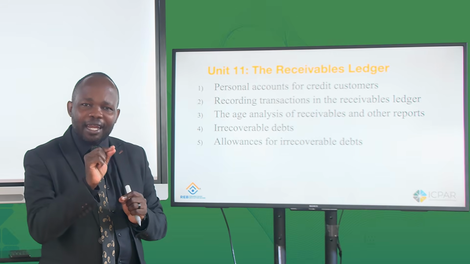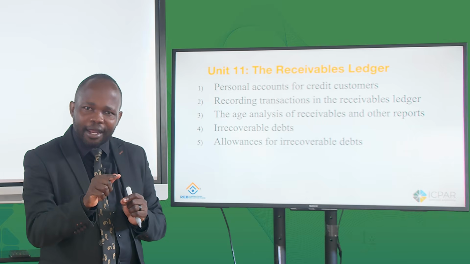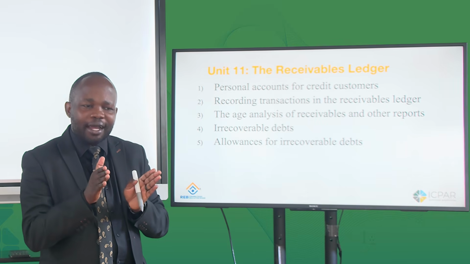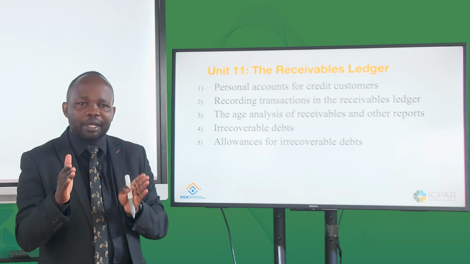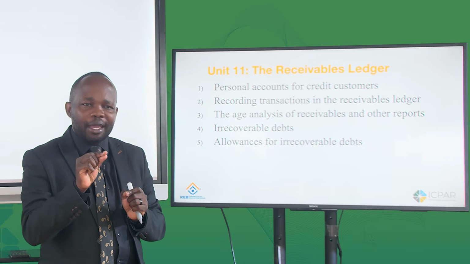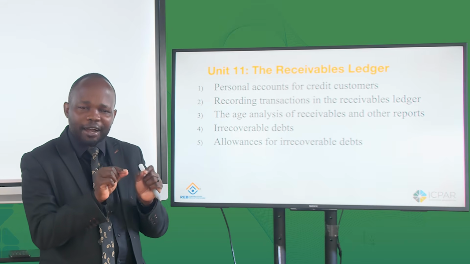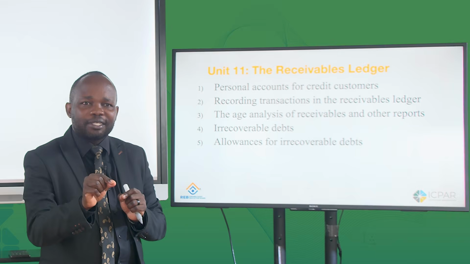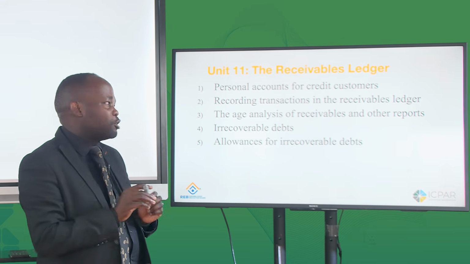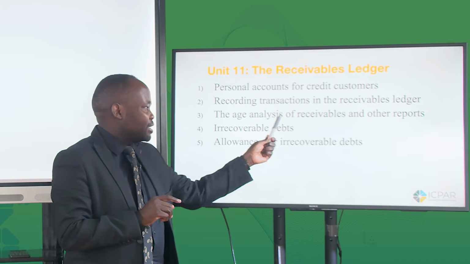We need to analyze these customers to know when and how much they will pay. There may be a customer who owes us 1 million. We need to know the breakdown of the 1 million. Maybe 20% will be received in the first month, the second 20% in the second month. This breakdown of when the amounts will be received is shown in what we call the age analysis.